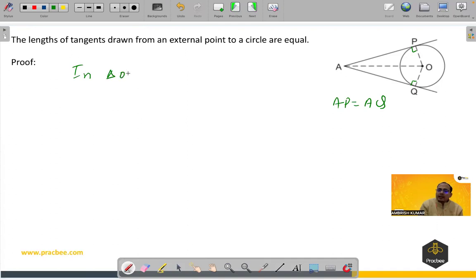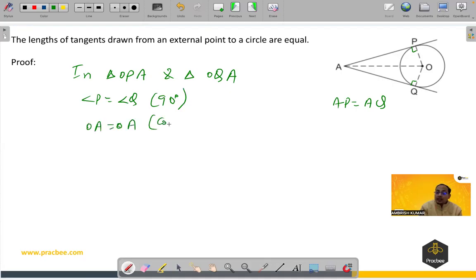In triangle OPA and triangle OQA, just prove them congruent. You have angle P equals angle Q, both 90 degrees. So right angle is there, hypotenuse OA equals OA, the common side. And then you have OP equals OQ. This is the radius.